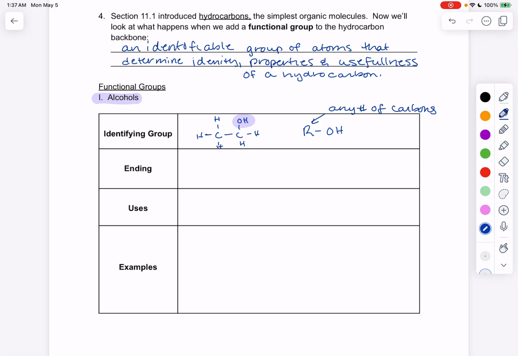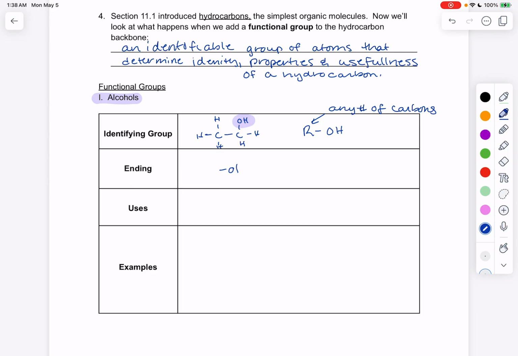Okay, so just like our other stuff, we have some rules for how to name the end of them. And what we're going to do is put the suffix OL at the end of our naming system. Now, we also have to take into consideration whether or not we have a single, double, or triple bond.